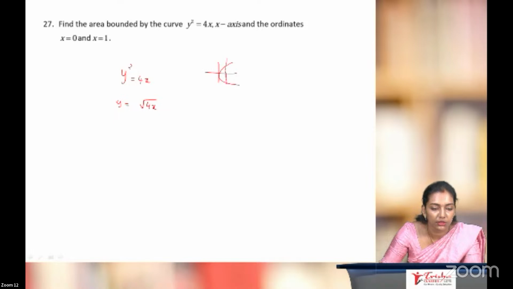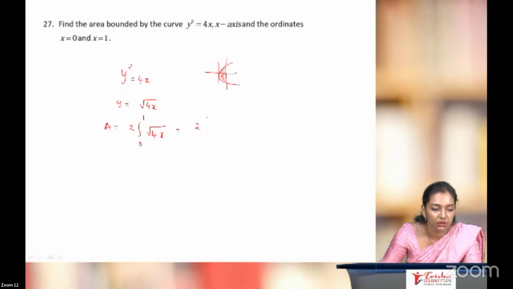So maybe the figure is like this: the area bounded by the curve y square equal to 4x and the x-axis, this area. So area equals 2 times the integral from 0 to 1 of root of 4x. You can integrate this way, 2 times the area.